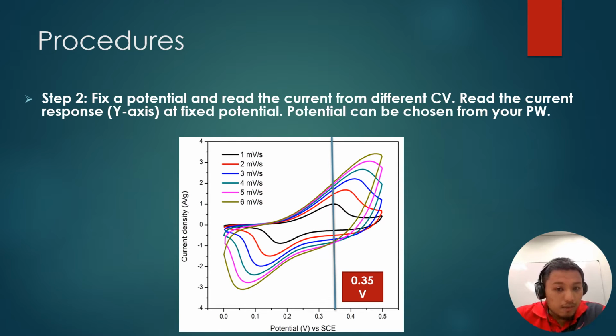I read the current response at 0.35 volt for 1 millivolt per second, 2, 3, until 6 millivolt per second. The only criterion you must follow here is that the voltage must be fixed. You can go to 0.4, 0.5, it doesn't matter, but your potential must be inside your potential window. That's the important thing to know. Okay.